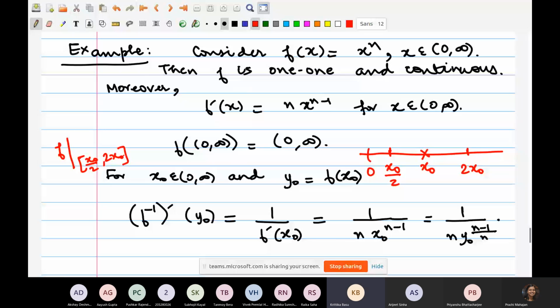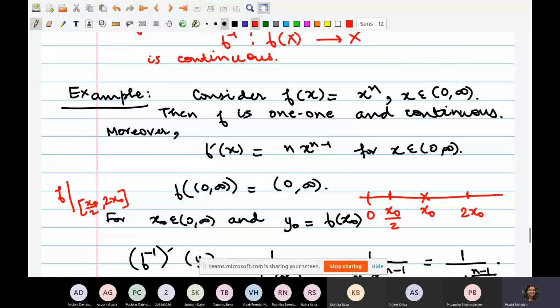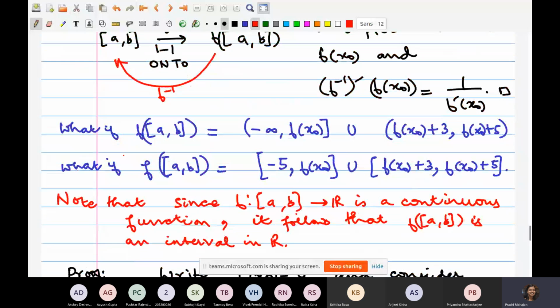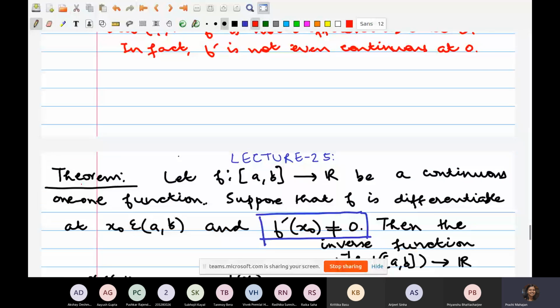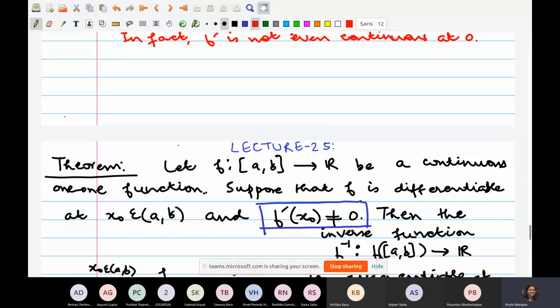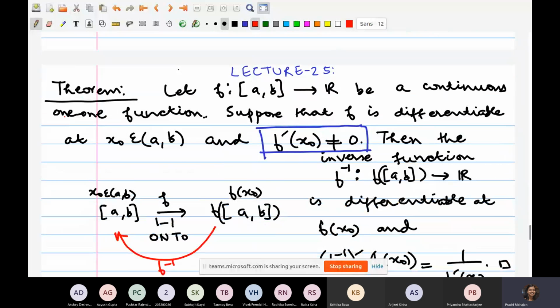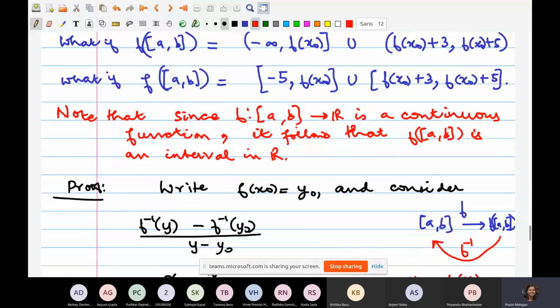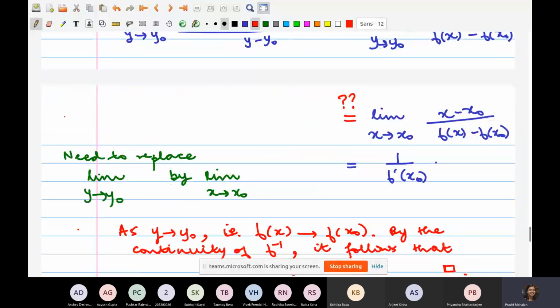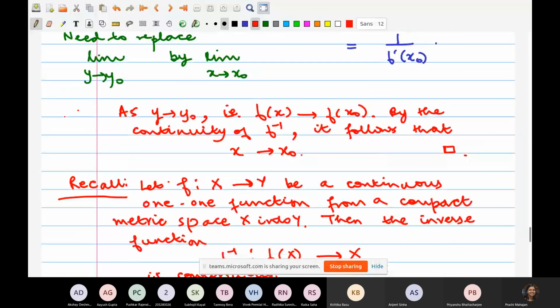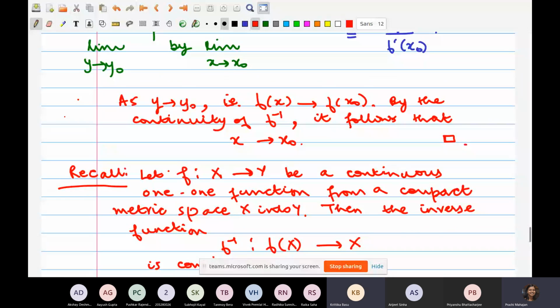Ma'am, could you please repeat once again? All I'm trying to say is we cannot apply this theorem directly in this example. Why? Because the domain of definition of f in this example is not compact, and as we saw in the proof, compactness plays a crucial role. Is that bit okay? Yes, ma'am. Okay.